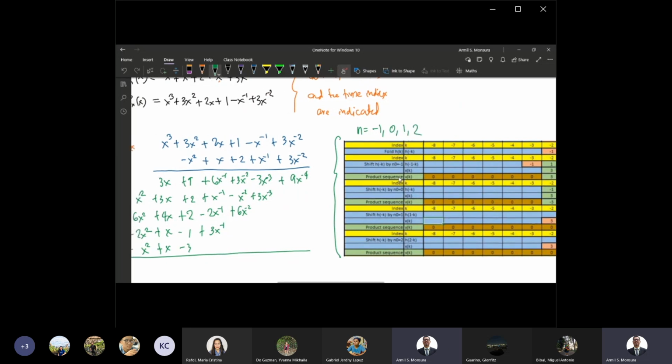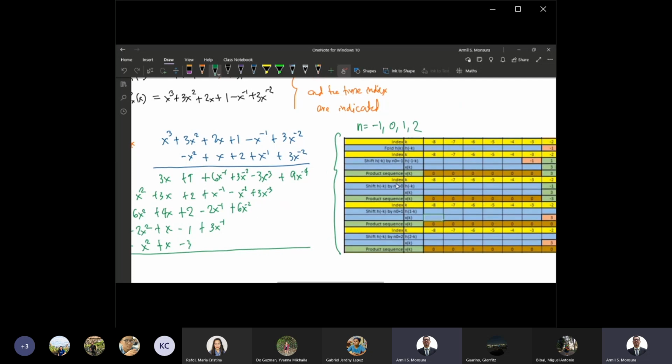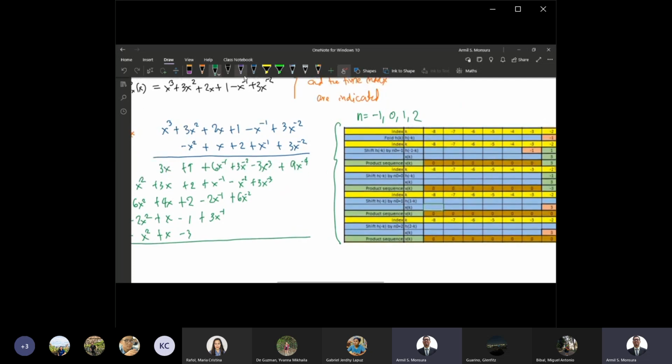Okay, pero pansinin niyo to sa lahat ng ituturo kong, ito yung gusto kong i-point. If you actually try to notice yung values nito, for example.